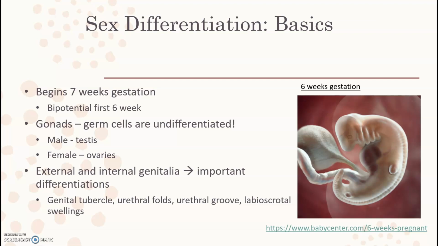Additionally, I added this picture of a fetus at 6 weeks gestation, and I did that for 2 reasons. One, because we're right now talking about how sex differentiation starts at the 7th week, and so this is just prior to that, to give an idea of what we're looking at, and also how unbelievable it is that at this point is when the fetus begins developing its reproductive organs.